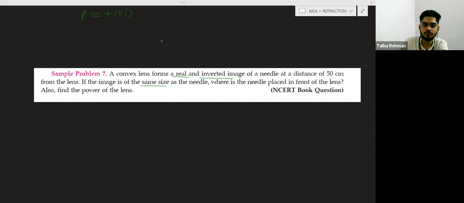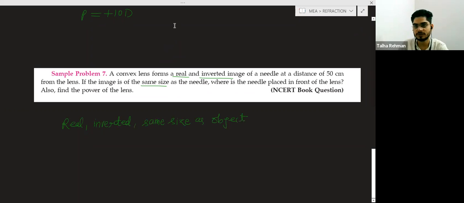Okay. So first they are saying the image is real, the image is inverted, and the same size as the object. Just wait a minute. See here.